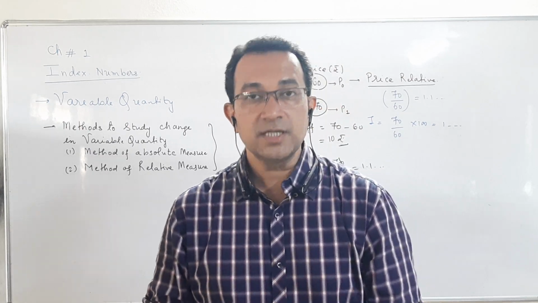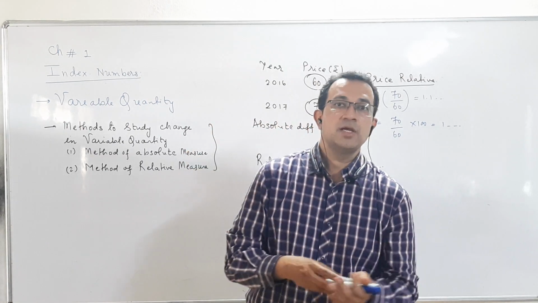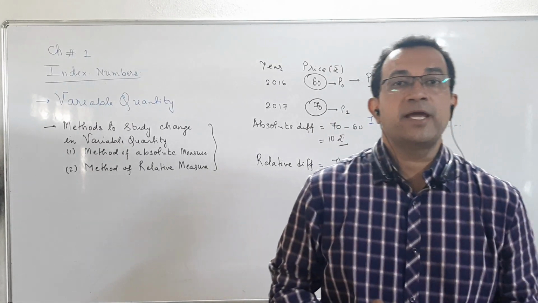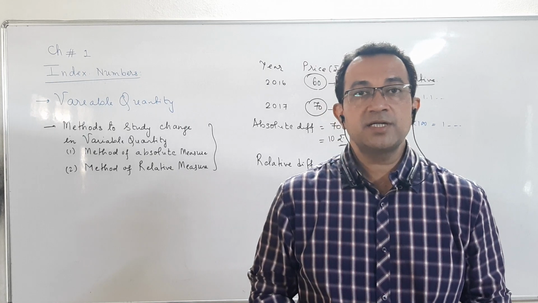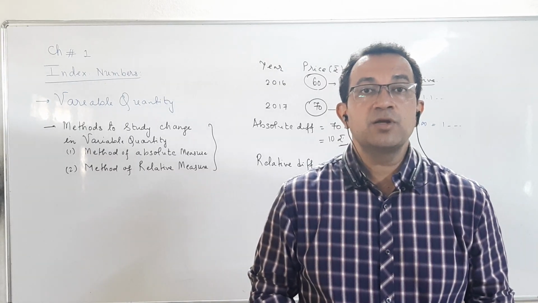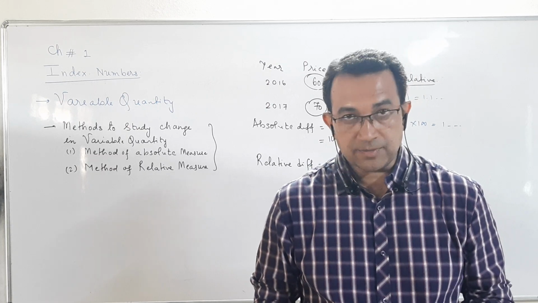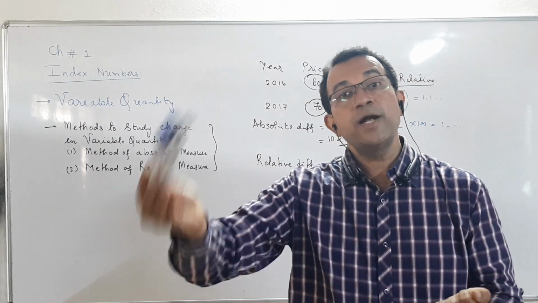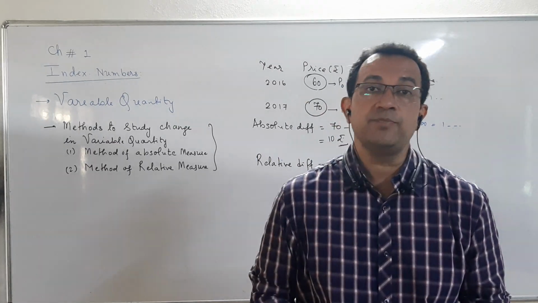I hope this is clear. Once again, the last one, the percentage relative change, means multiplied by 100. The percentage relative change in the value of variable quantity associated with an item for a given period of time means P1, compared to its value for a fixed period of time, means P0.